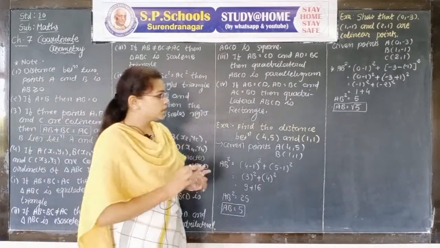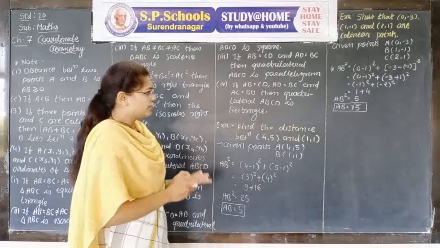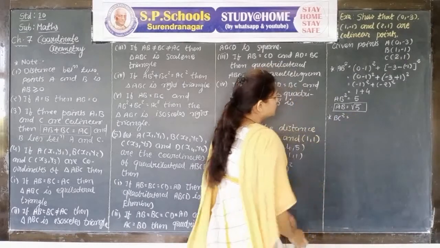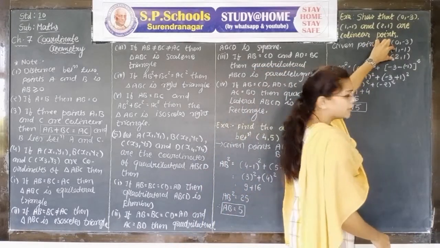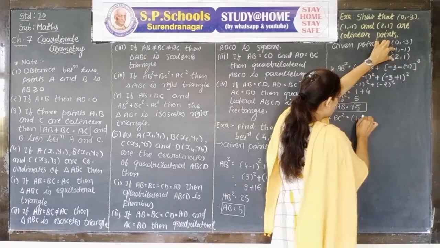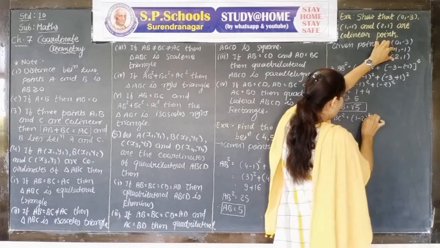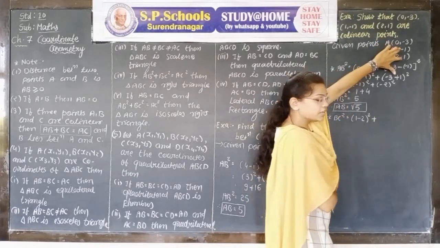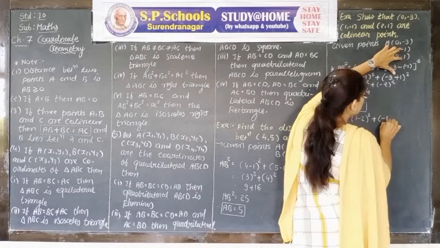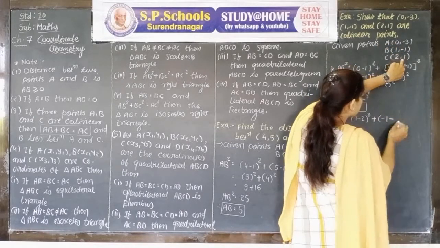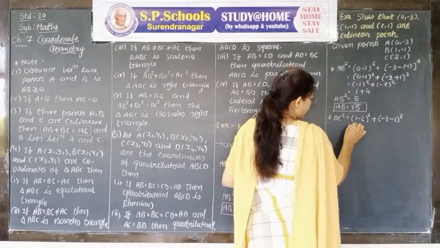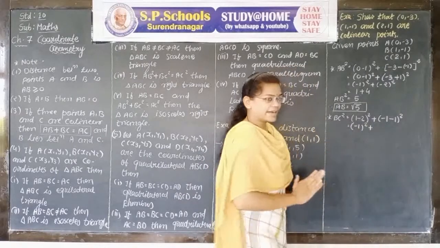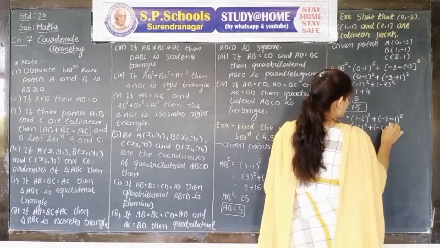In the same way we use the distance formula 2 more times and find BC and AC. BC square is equal to, first of all take the difference of x coordinates, 1 minus 2 whole square. Compulsory plus and the difference between the y coordinates, minus 1 minus 1, it gives minus 2 whole square.